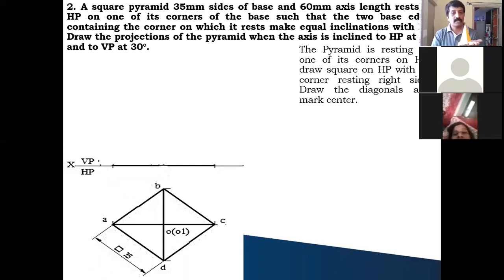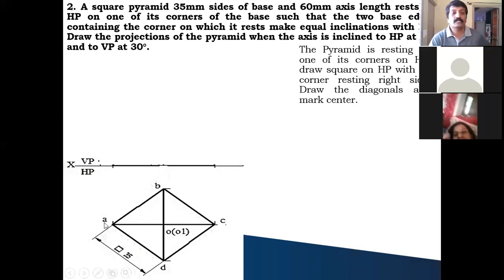Next, to get the front view, you are looking from here, correct? If you are looking from here, in this case also it looks like an isosceles triangle with this edge visible. In this case, the axis you cannot see. So first, you draw the square in the corner condition.